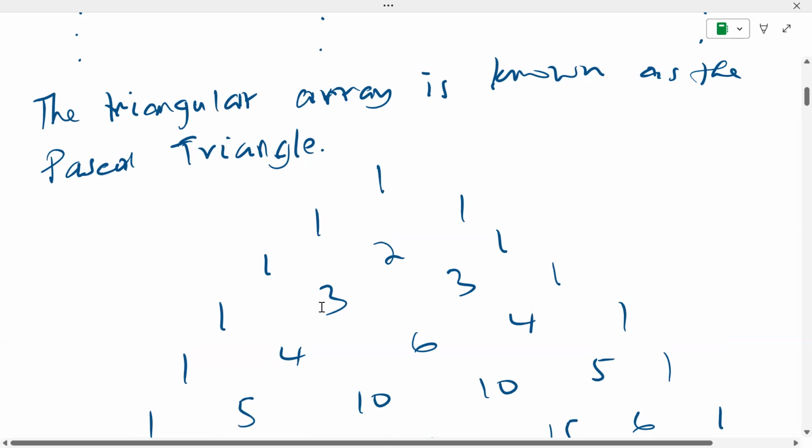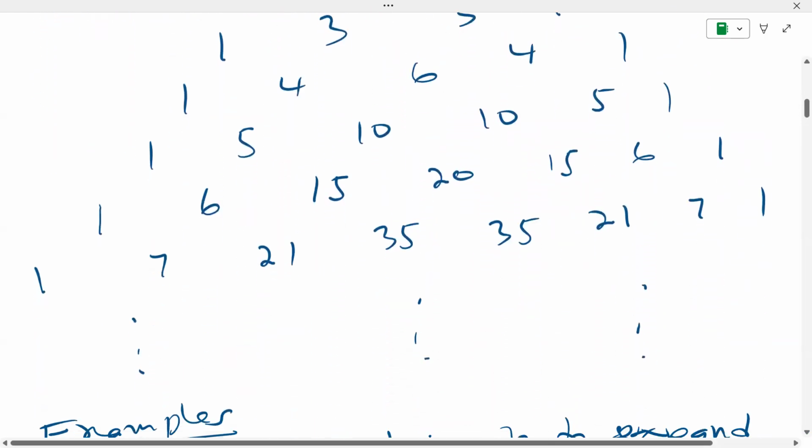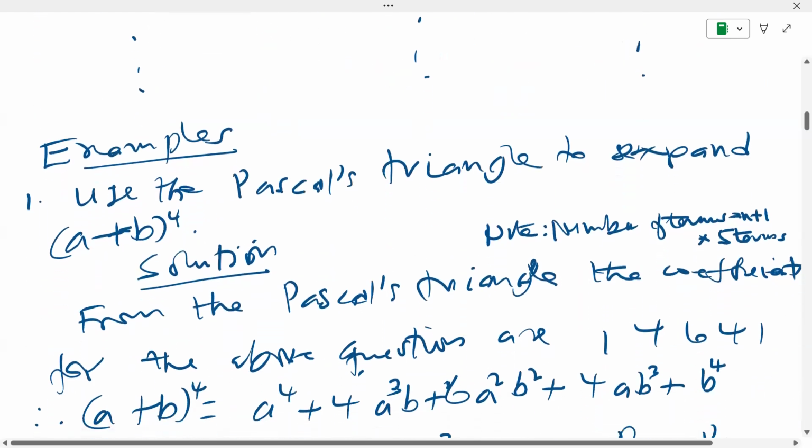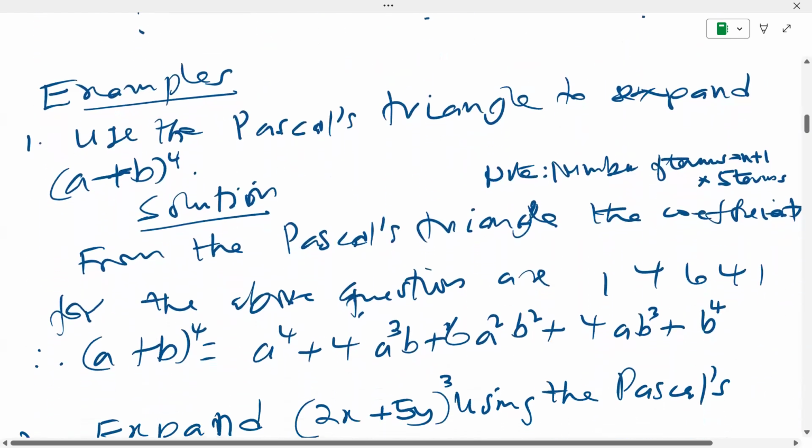So 1 plus 2 is 3, 2 plus 1 is 3, and then we end with 1. It goes on and on. We start with 1. 1 plus 3 is 4, 3 plus 3 is 6, 3 plus 1 is 4, and then we end with 1. By so doing, we'll be able to generate all the powers for every binomial expansion, and that was derived by Pascal. So let's look at more examples.